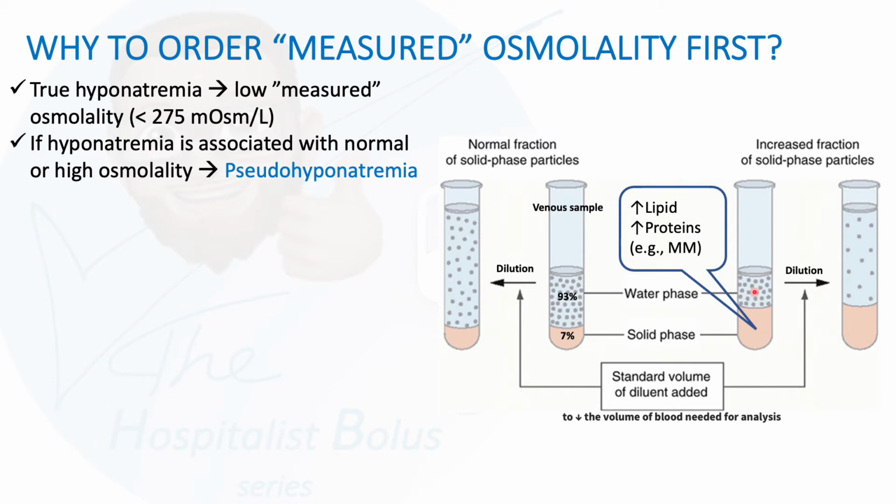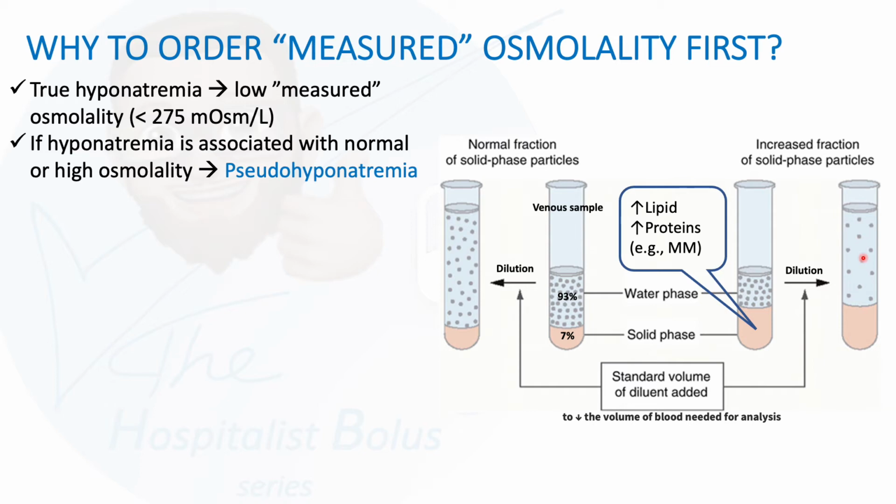That leads to a decrease in the water phase, so there are fewer sodium particles. If you can imagine, the sodium particles here are fewer than the sodium particles here because of the increased solid phase. The lab will still do the same thing: they will add a standard volume of diluent to the sample to measure the sodium. That will lead to even fewer sodium particles.